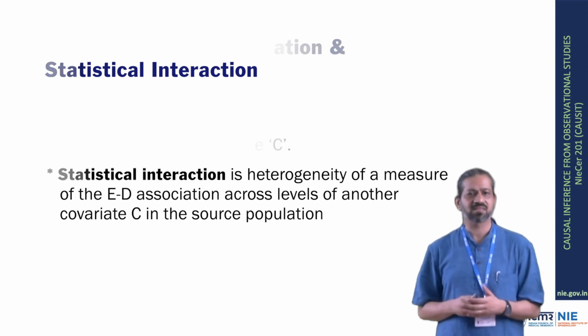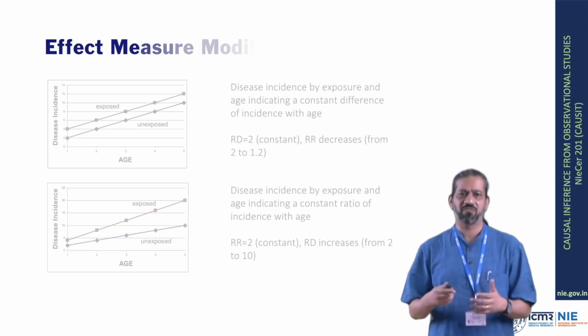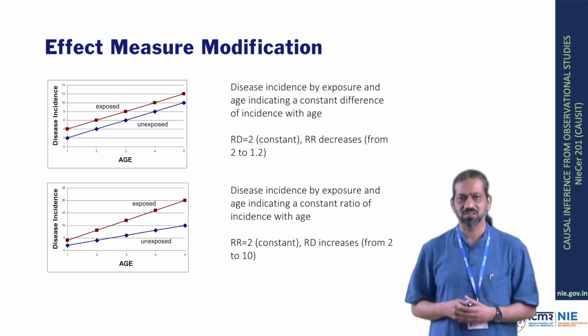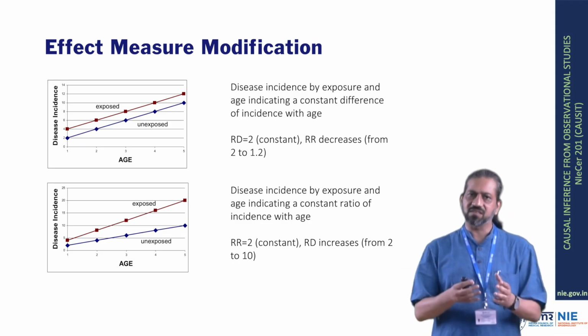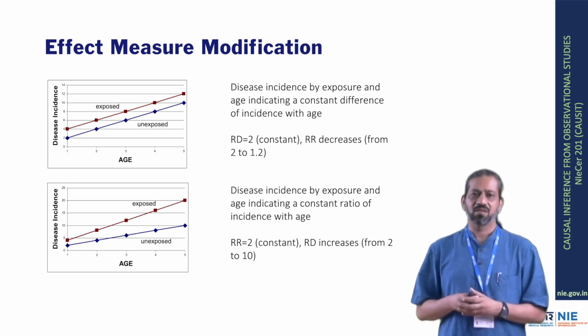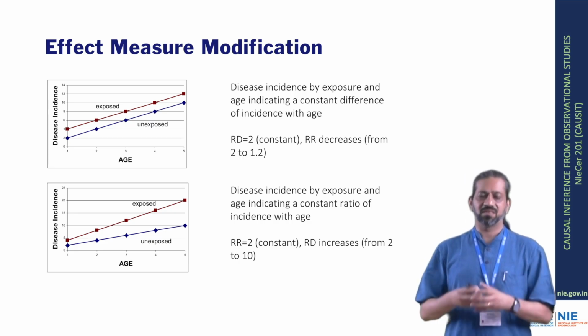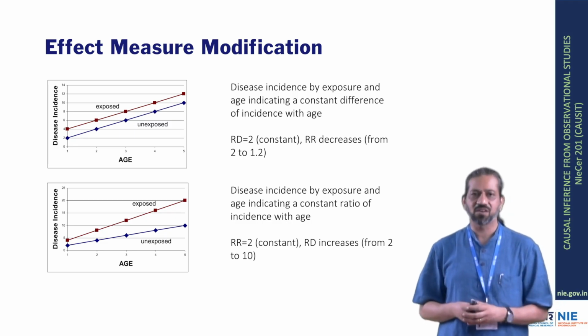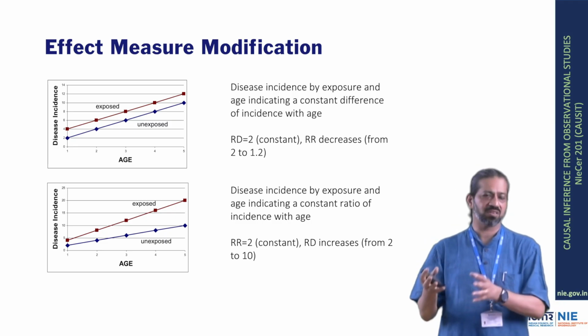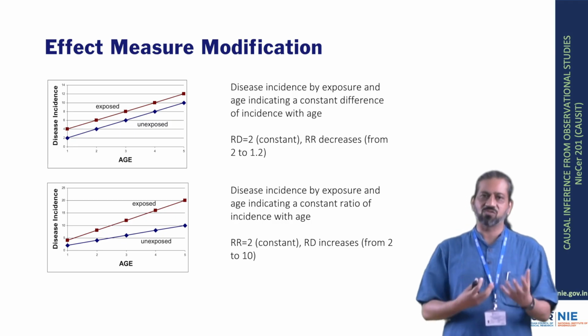Now you may be asking, why do we call it effect measure modification? Just to dwell more on this terminology, we understand that this third factor is modifying the effect of the exposure on the outcome. Now, what is it actually modifying?